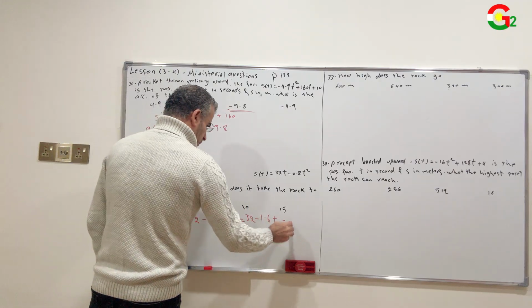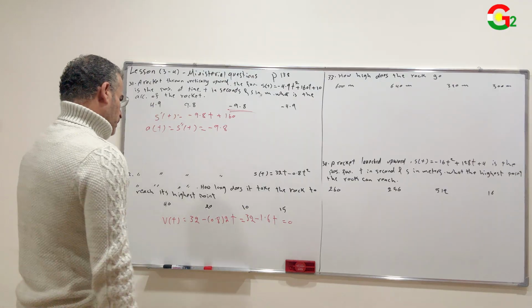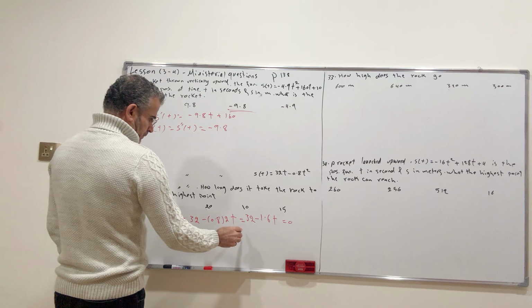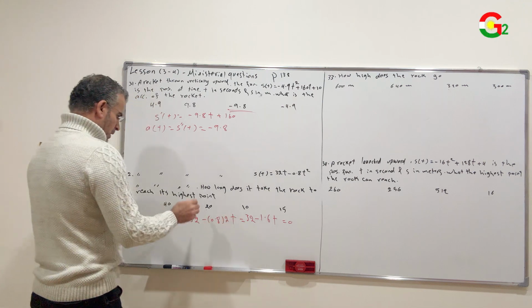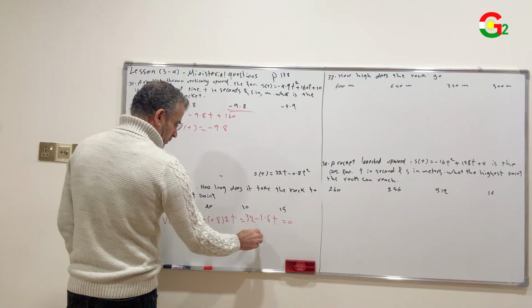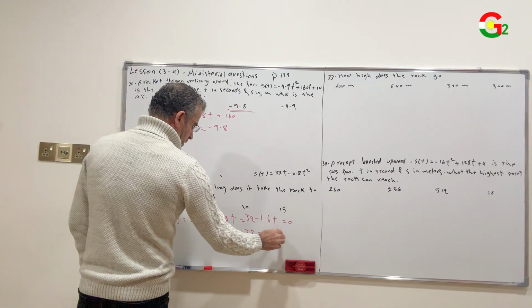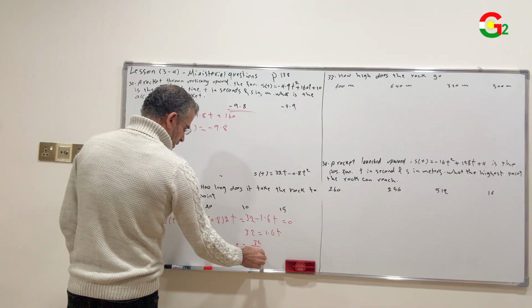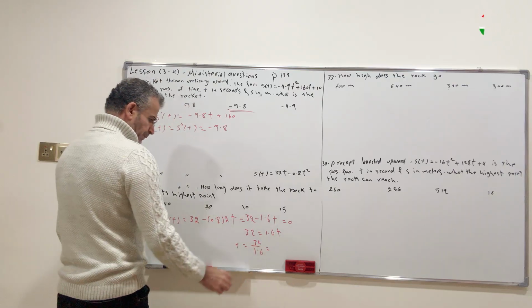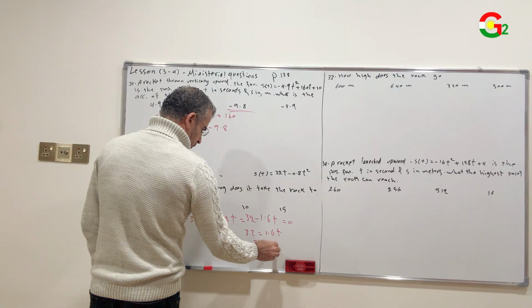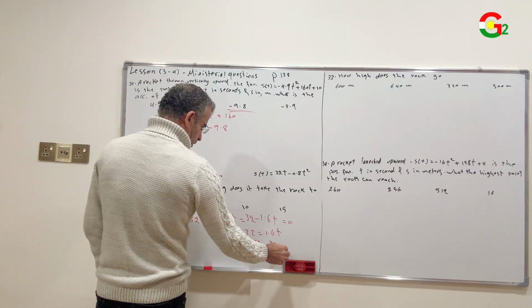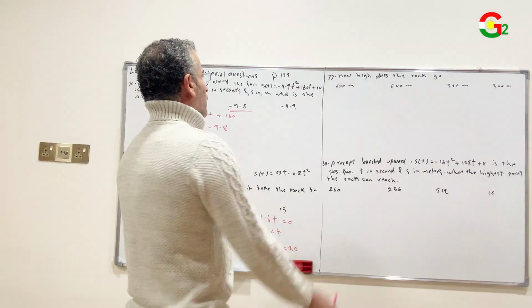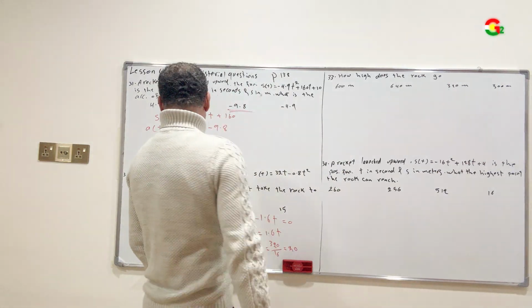Set it to 0 to find the time when the rocket stopped. Then it is the highest point. 32 equal to 1.6 t, t equal to 32 over 1.6 equal to 320 over 16 equal to 20. Choice B.